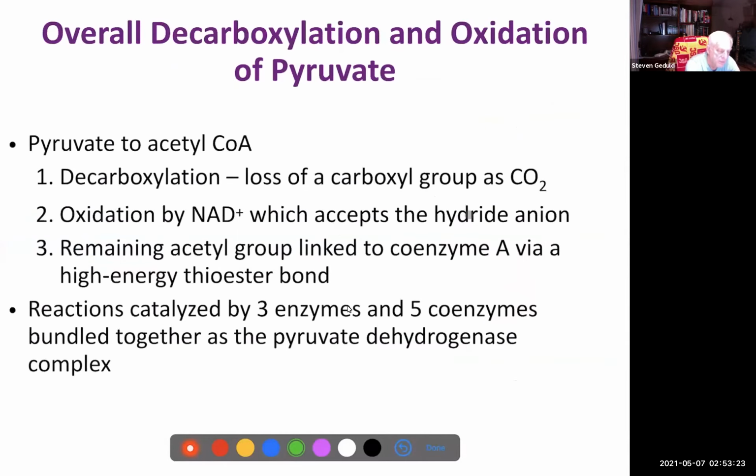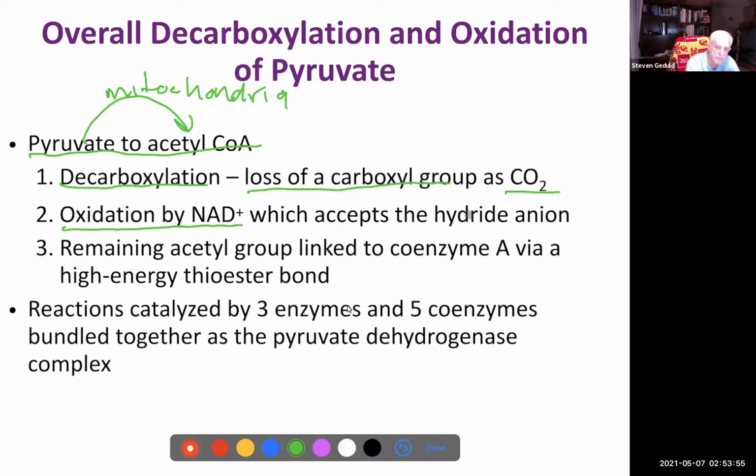There's an overall decarboxylation and oxidation of pyruvate. So pyruvate, again, in the mitochondria, goes to acetyl coenzyme A as it enters the mitochondria. You get decarboxylation, which means the loss of a carboxyl group, and it becomes CO2. You get oxidation by NAD+, which accepts the hydride ion and goes to NADH.